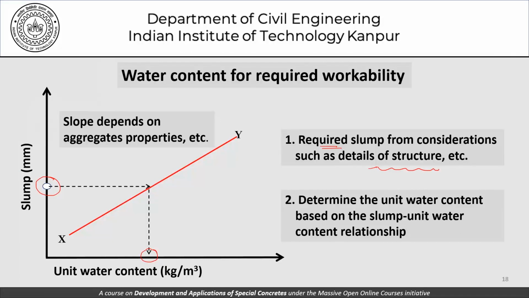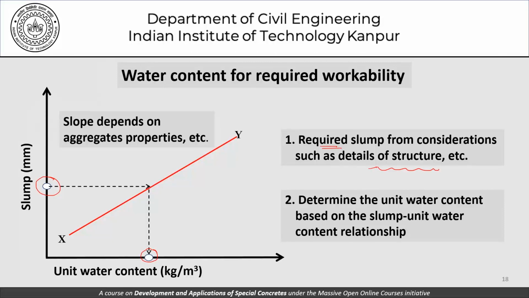So that's what it means when we say that the required slump is determined from considerations such as the details of the structure, and that's where the designer comes in. They have to prescribe what is the kind of slump that you need. It also depends on the method of construction. If you're trying to construct using a transit mixer or by taking it in smaller wheelbarrows and taking it to the site, these are the kind of things which will determine the slump that you need. For purposes of proportioning, once the slump is known, through this graph, we know the unit water content.